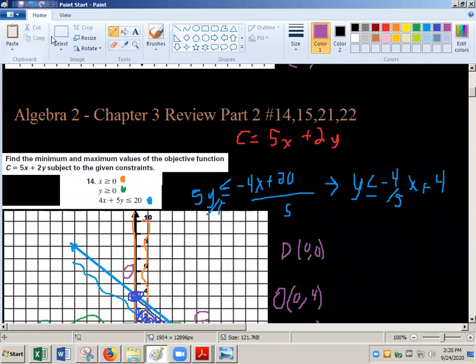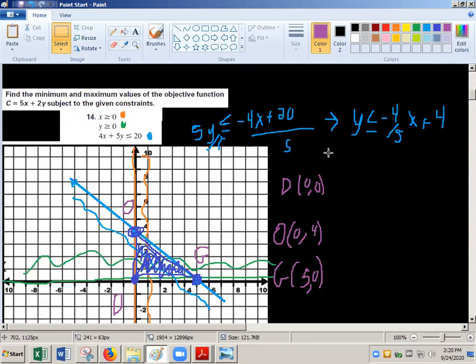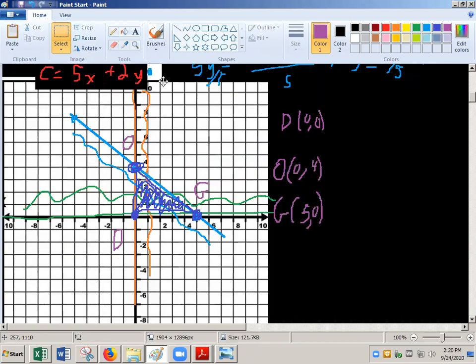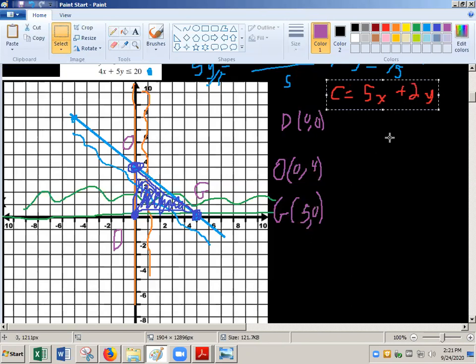So from here, I'm going to evaluate in my cost function, my objective function here. I'm going to take it and just copy it down a little bit so it all fits together nicely, and plug in for each of these different points. The first one is going to look something like 5 times 0 plus 2 times 0.